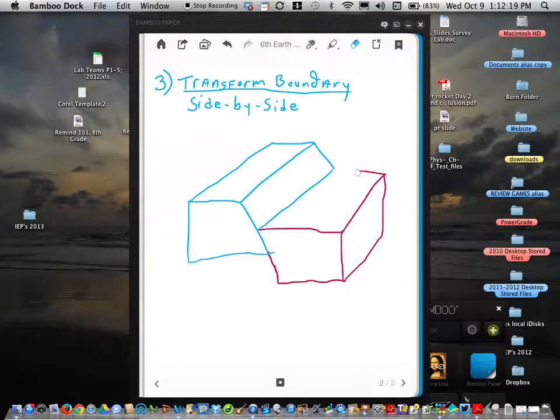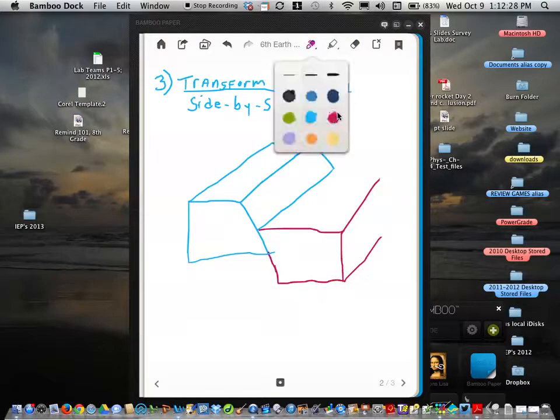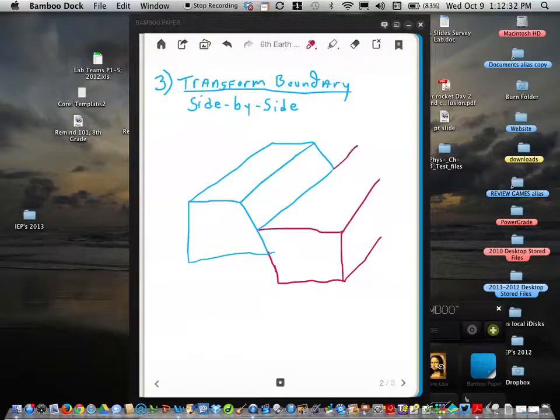Actually, I'm gonna do just a little bit of an erasing. So, in this type of boundary, there is a movement of the plates that is side by side.